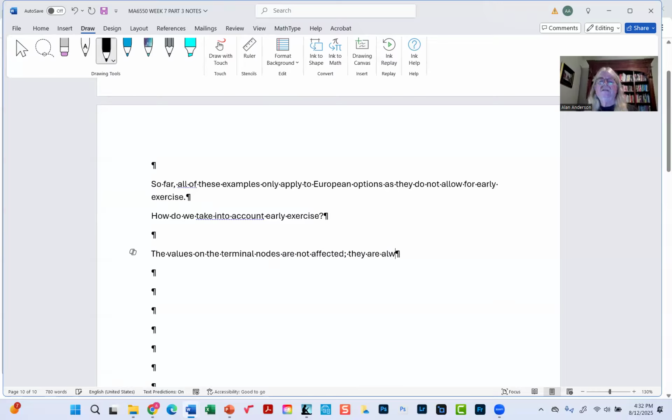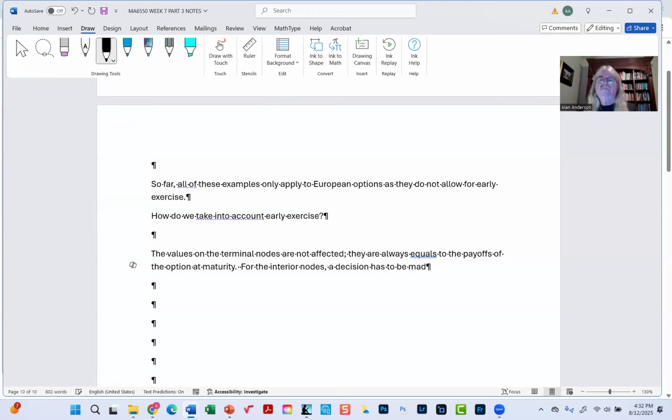They are always equal to the payoffs at maturity. For the interior nodes, a decision has to be made: does it make sense to exercise?